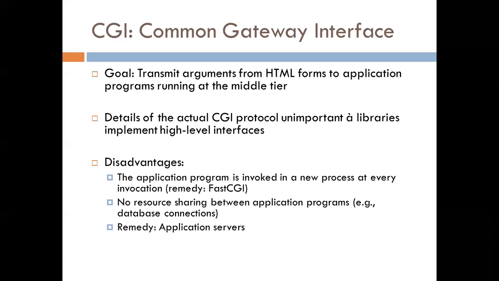Then the program at the middle tier will process the username and password by interacting with the database. In the database, it will check whether the particular username is present and whether both the username and password match. If the user is present and the password is correct, it will extract the data that is to be displayed to the user from the database.